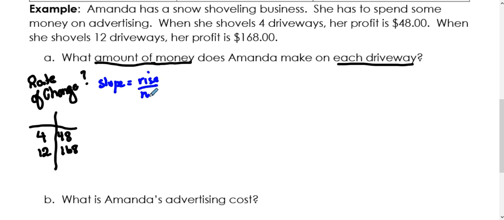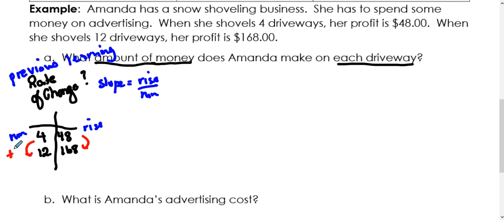So this goes back to previous learning. So our previous learning says my rise has to be over here, my run has to be over here. Okay, so I can look at that.